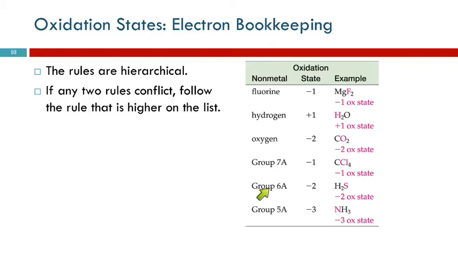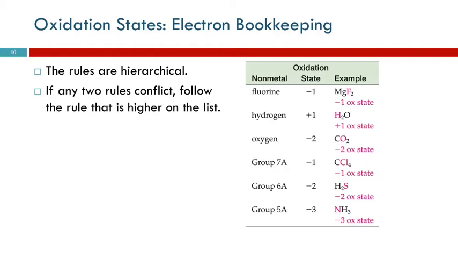The group 6A nonmetals all form 2- ions. They would like to have a -2 oxidation state. But you can't always make everybody happy. Right? So you've got this compound of these nonmetals, and you have to decide who gets what they want.